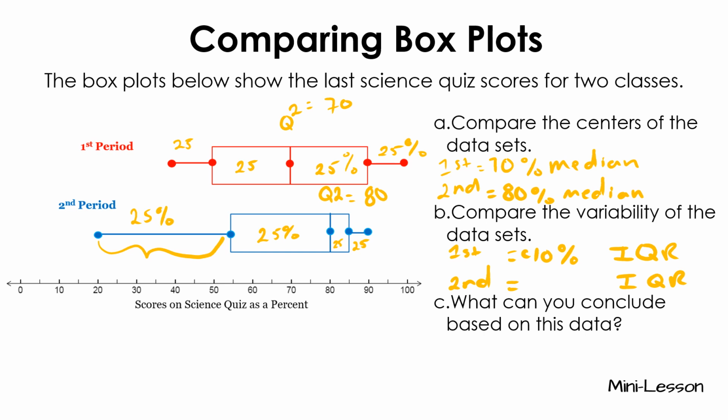And we have 85 minus 55. That's going to be 30%. So these are the measures of center and the measures of variability for each one. For your question C, make sure you answer what can you conclude based on this data.